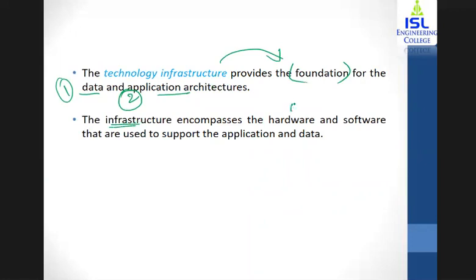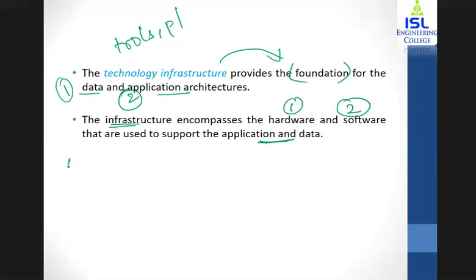It is going to have hardware and software that support the application and data, that is, the specific tools or the specific programming language that you're using. Upon this hardware and software, the data and application architectures are going to be supported.